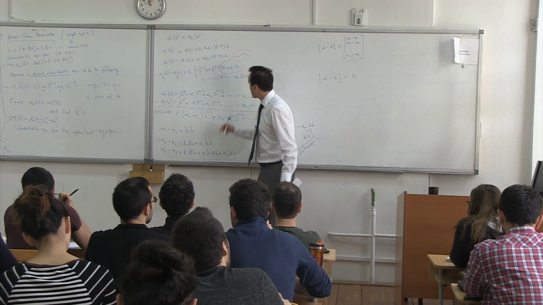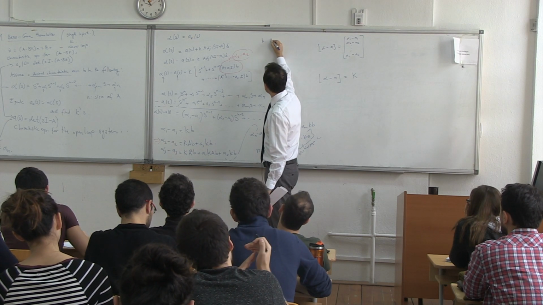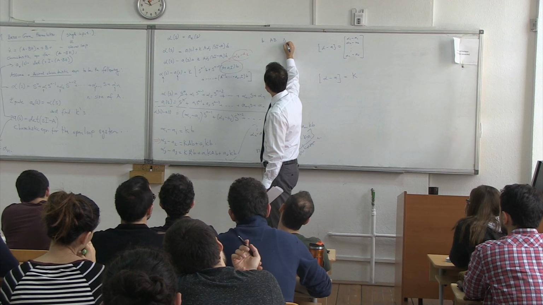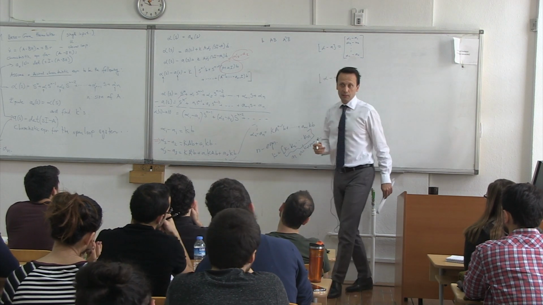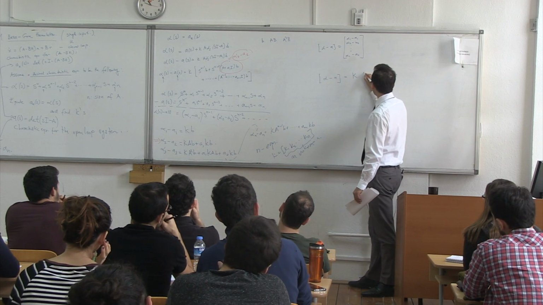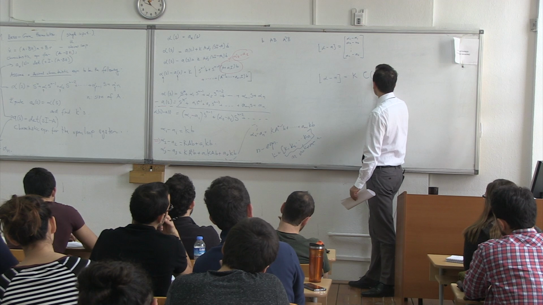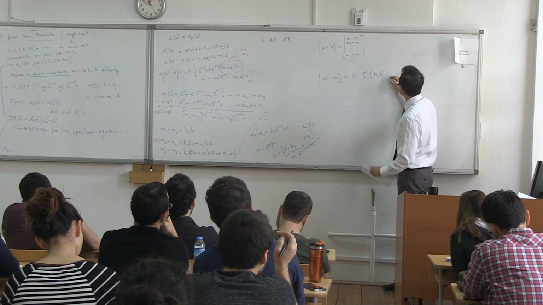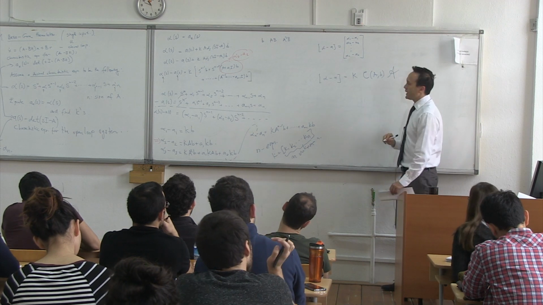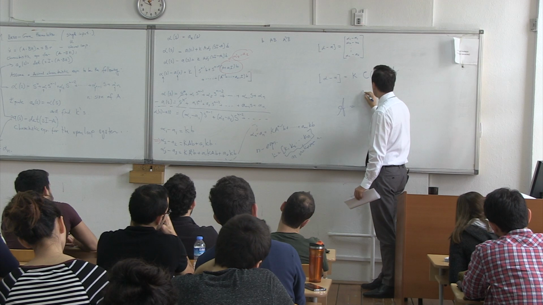Does this remind you of something where you have something like B, AB, A squared B? It's called the controllability matrix. So you could actually write here the controllability matrix of A, B, times a script A, where script A is a matrix that looks like this.